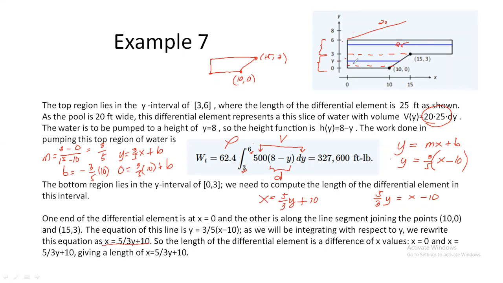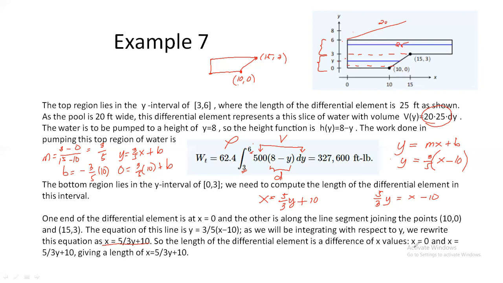for this ever-changing length for your differential volume at this part of the cross-section of your pool only. So you have the x times the 20 times the thickness. So the length of the differential element is the difference of the x value.